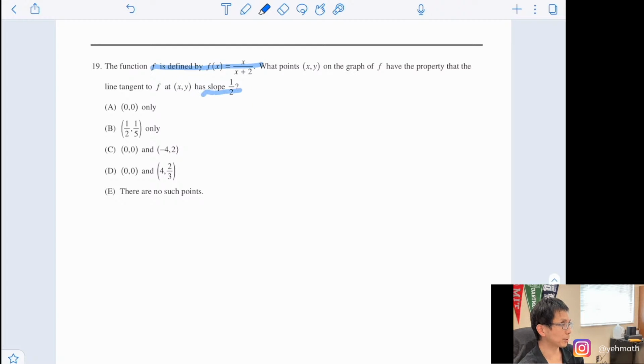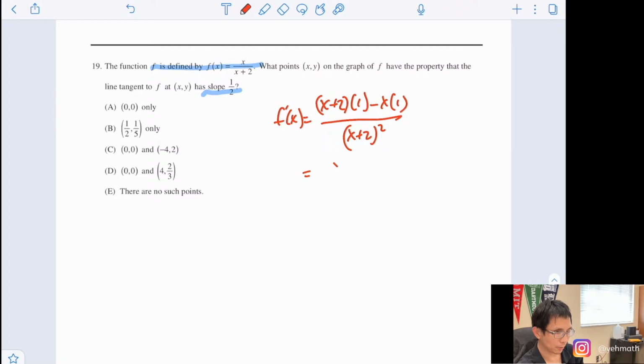So what are you supposed to do when they ask slope? Derivative. What kind of rule am I using here? Quotient rule. Good. Low d high minus high d low over low low. Don't forget about low low. Did you forget about low low?